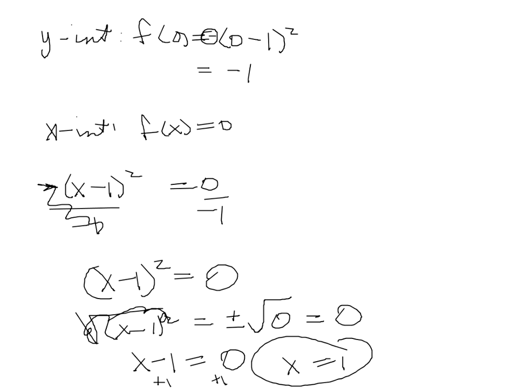That makes sense because my vertex occurs on the x-axis, the 1, 0 point, so that's my x-intercept.